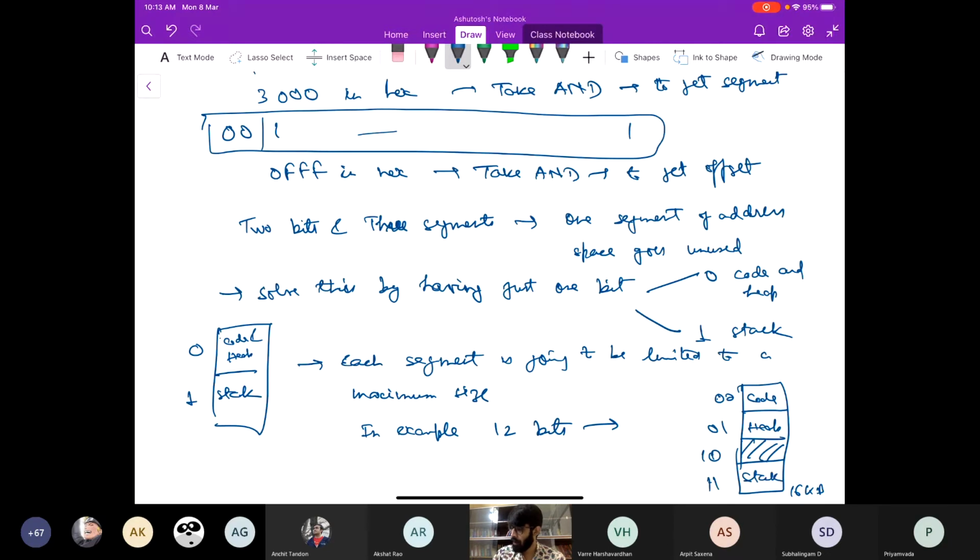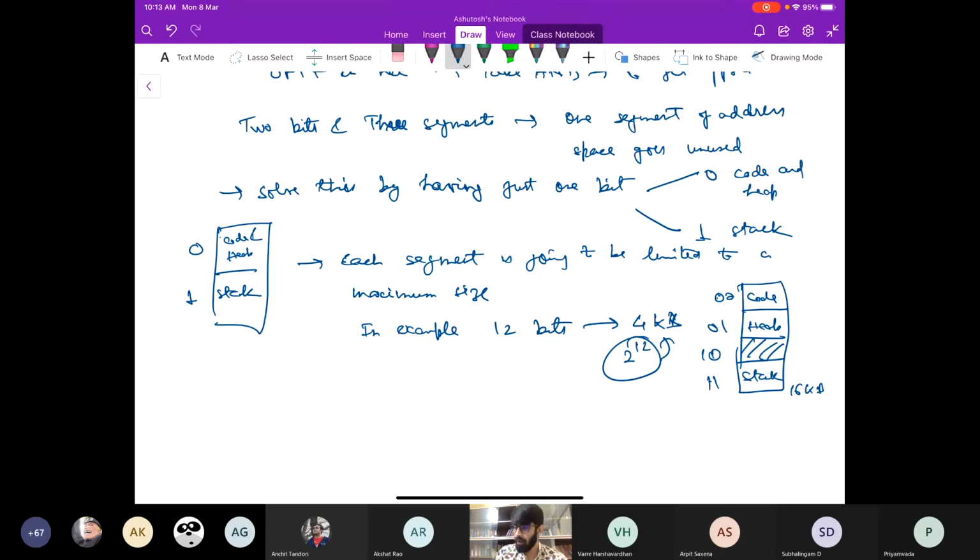So 16 KB got divided into 4 parts. You get 4 KB, which is also 2 to the 12. So this maximum size is there, and you cannot have more than this size of a segment.